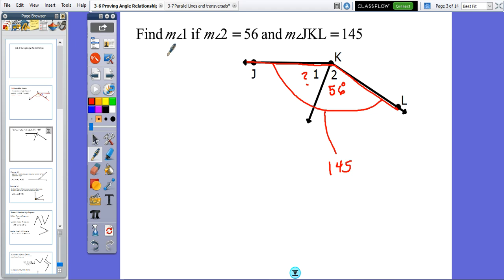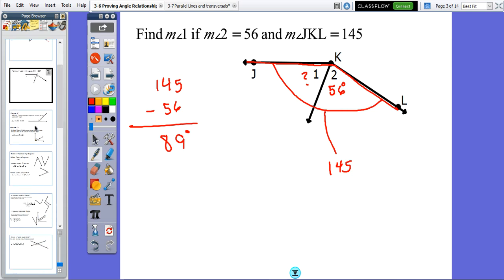If I know the whole thing is 145 degrees, and I know that part of it is 56, then use subtraction. In doing so, what do we get right there? 89 degrees.